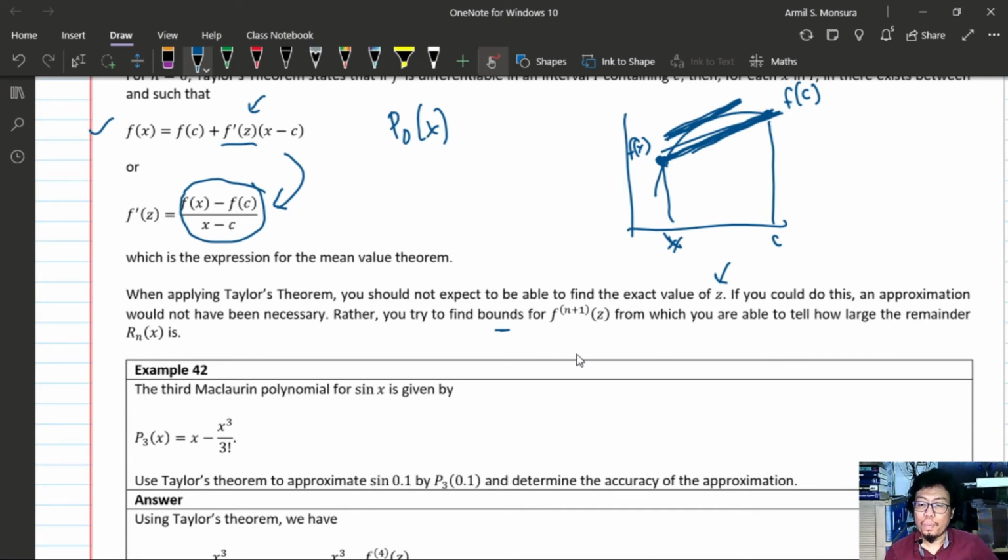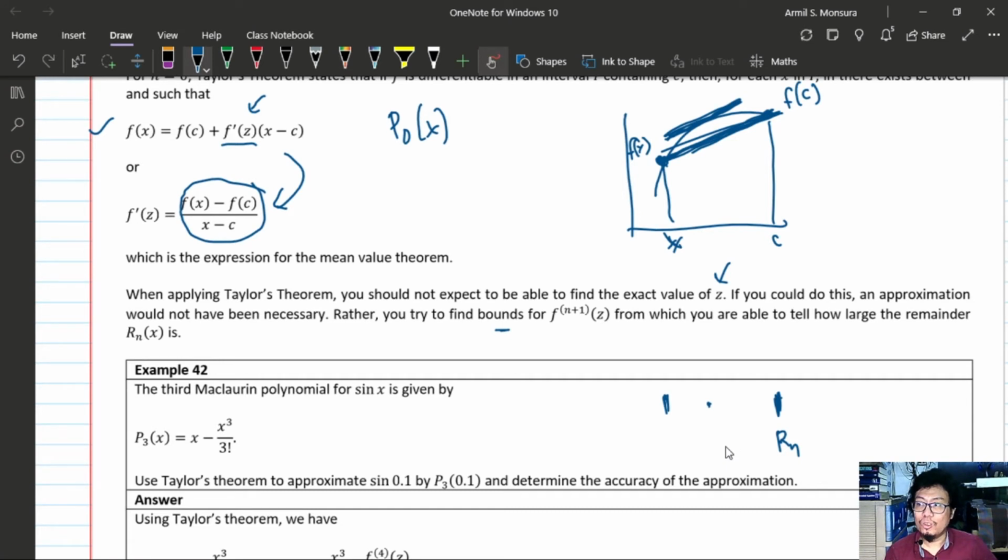If we are able to find an upper bound, and the actual error is smaller than that, which is usually the case, then we can confidently say that our polynomial is a sufficient approximation. That's the upper bound for your remainder, and the actual error is this.